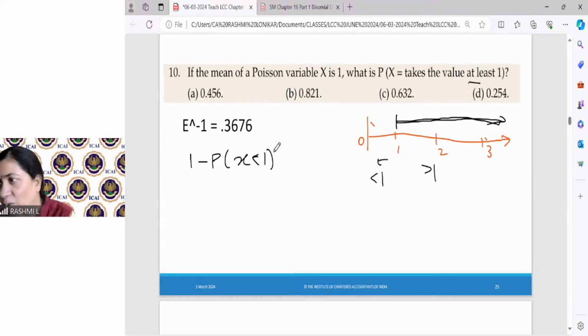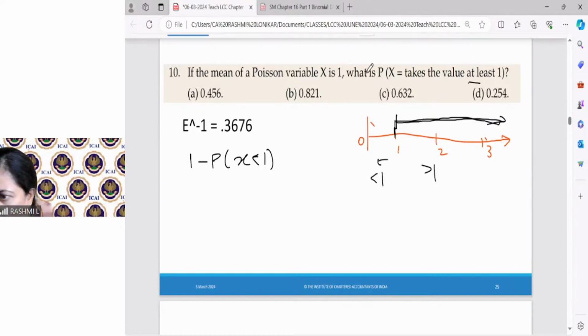What is x? x takes the value at least 1. It means that it is going to take at least 1, so what am I going to subtract? This at least 1 means we have to take from here.